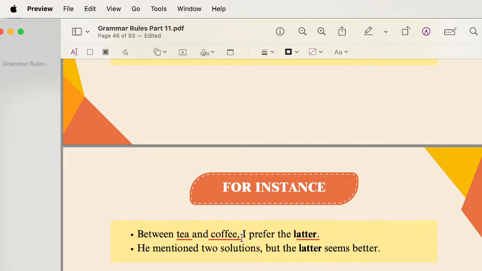There are two things, tea and coffee, and by this statement, the person is trying to say that the person prefers coffee, right? Latter means the second one. If I'm saying former, it means the first one.